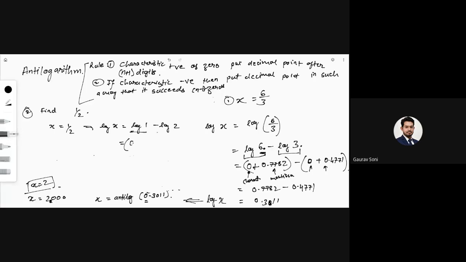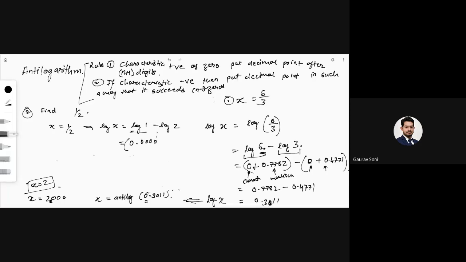Now look at the mantissa from the log table, 1.0, that is 0.000.